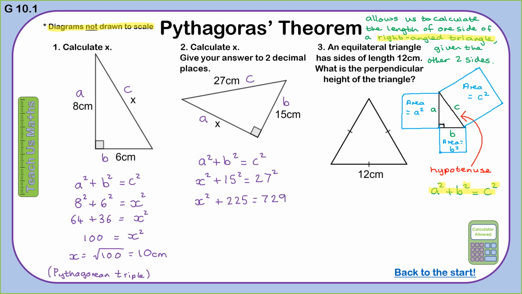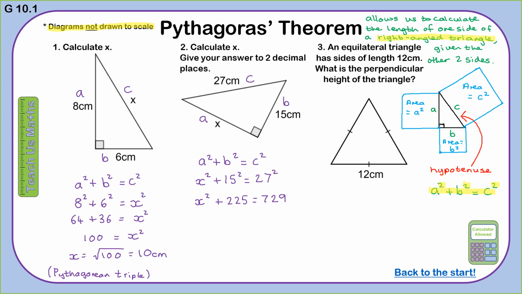So at this point, you'll see that this question is quite different to when we calculate the hypotenuse. We have got x squared plus 225 is equal to 729. We need to solve for x.